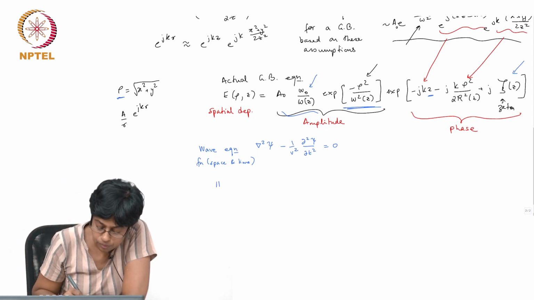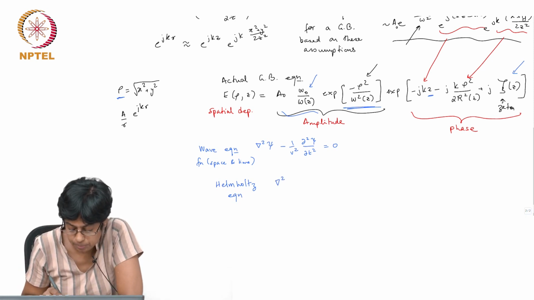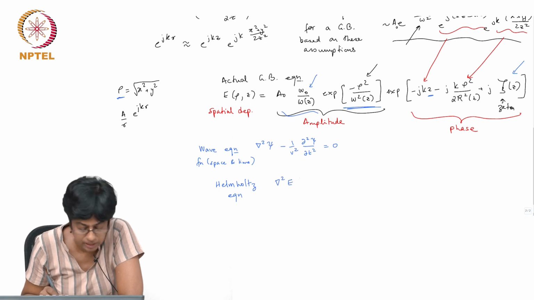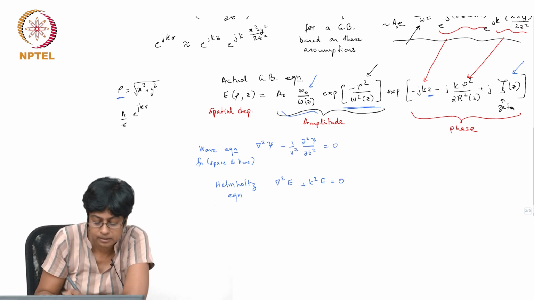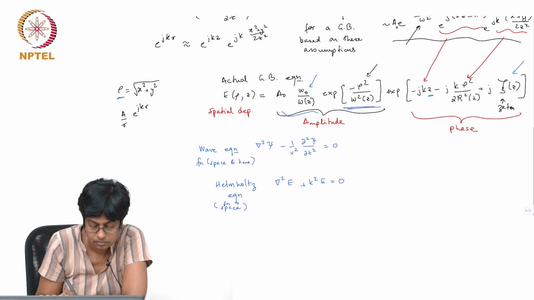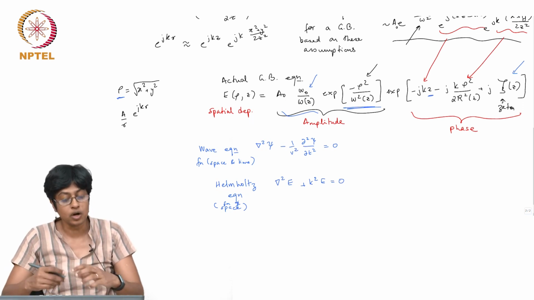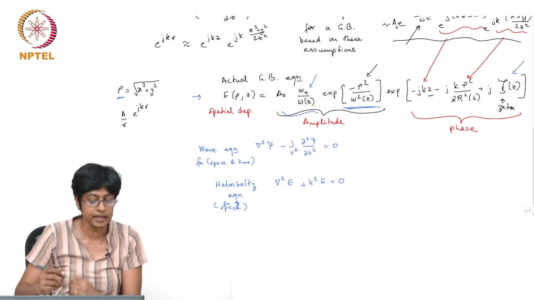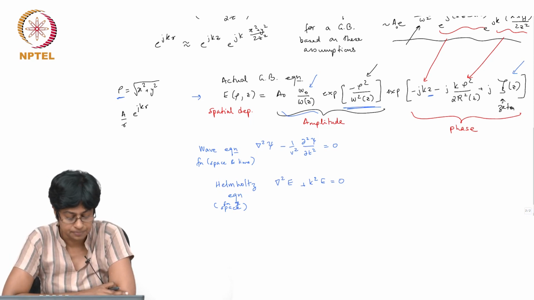But if you are looking only at the spatial variation, this equation will reduce to what's called the Helmholtz equation, which is only an expression of, and I put it in terms of electric field right now, a function of space. So I've kind of gone a step before this solution. Again, I'm trying to justify why the solution is acceptable.